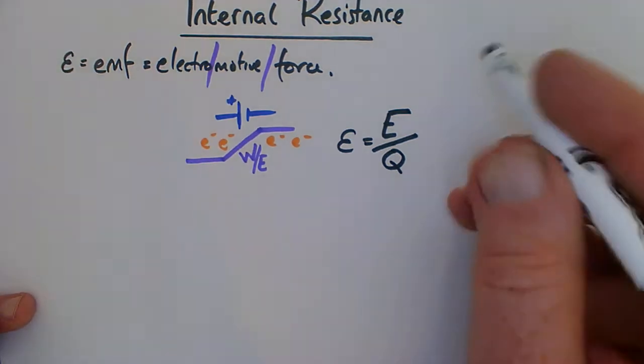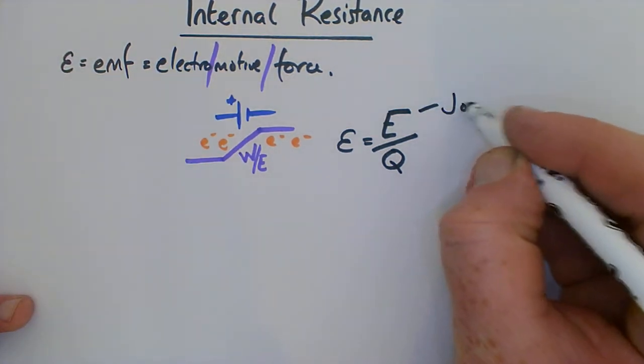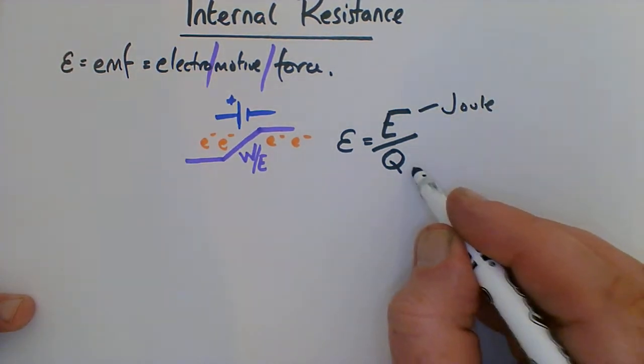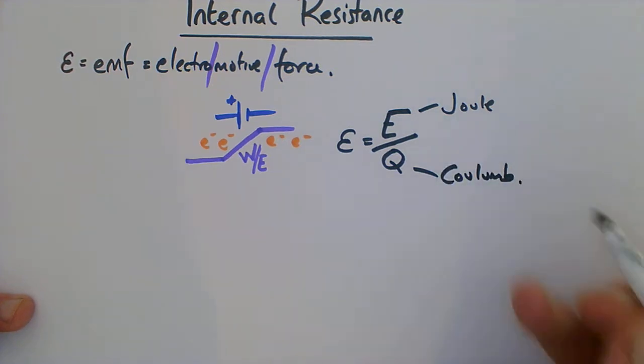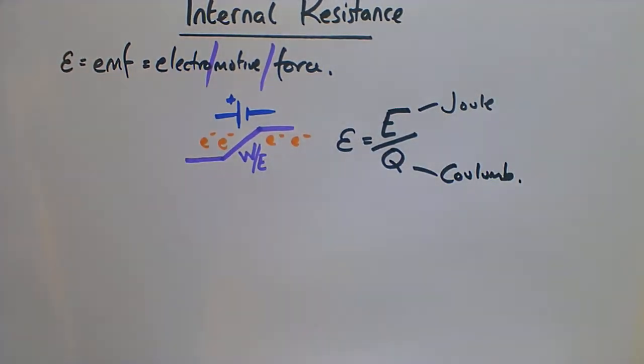Now we know the energy is the joule, and a unit charge would be the coulomb. So, you know, we're saying 1 joule per unit charge, per coulomb, is gained. Now this is different to where we come to a resistor or whatever, because here we lose energy as we go through the component.